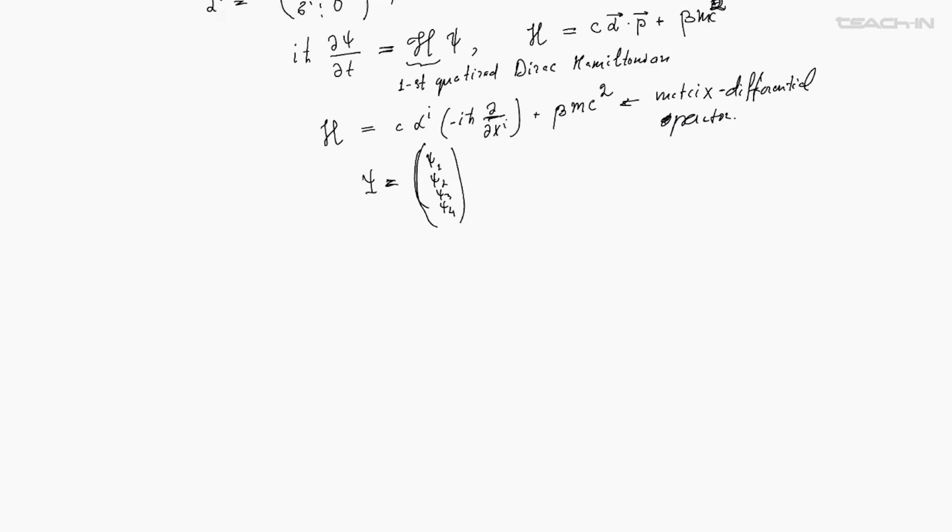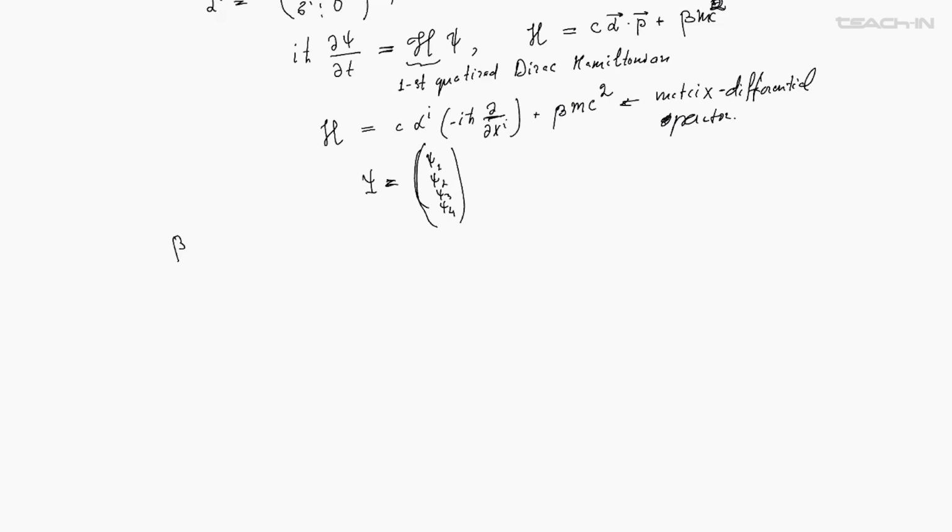To do this, we have to better understand the structure of the matrices which enter our Dirac equation. So we take our Dirac equation and multiply it by the ratio beta divided by c. So beta is our matrix and c is the speed of light.